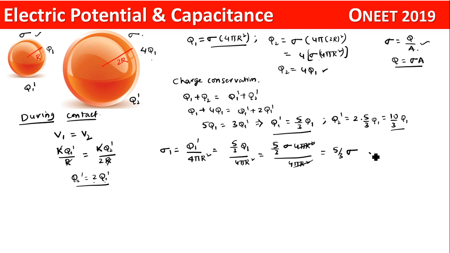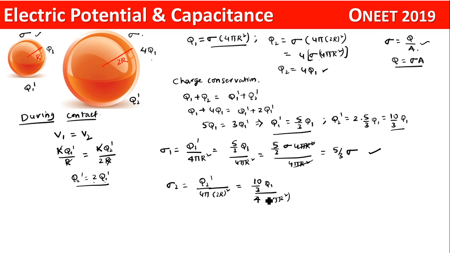The next value, sigma 2, is Q2 dash divided by 4 pi into 2r square, because the radius of the second sphere is 2r. Q2 dash is 10 by 3 Q1, divided by 4 into 4 pi r square.